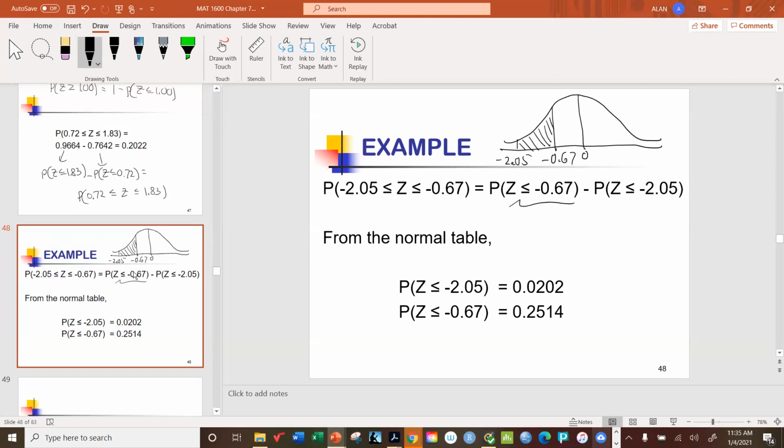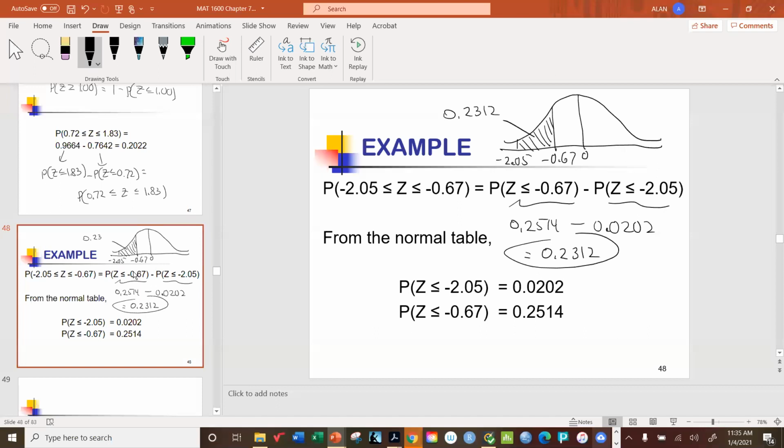This is the larger probability, by the way, and this is the smaller one. So I've already gone ahead and looked these up for you. And the difference between those two is 2312. And that's all you have to do.